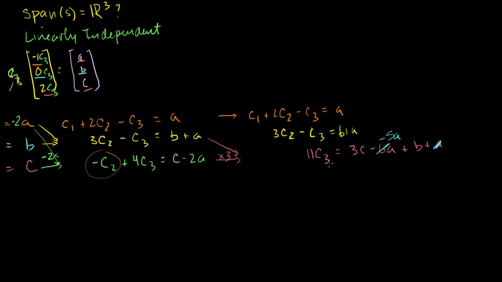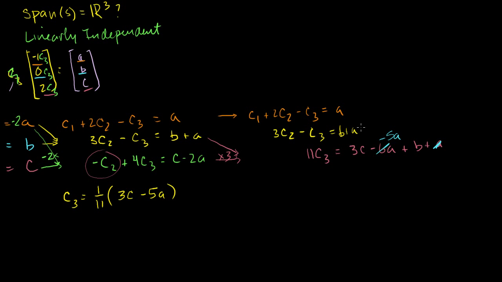And then if we divide both sides of this equation by 11, what do we get? c3 is equal to 1 over 11 times 3c minus 5a. So you give me any a or c, and I'll already tell you what c3 is. Now what is c2? Let me simplify this equation right here.